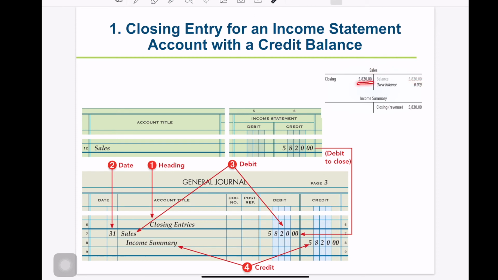To close it out, we would have to debit it. Okay, and this would create a 0 balance. All you're doing is you're taking the balance here and you would be transferring it into your income summary. Okay, so the entry that goes in your journal would be a debit to sales and a credit to income summary. And that is what you have right down there.